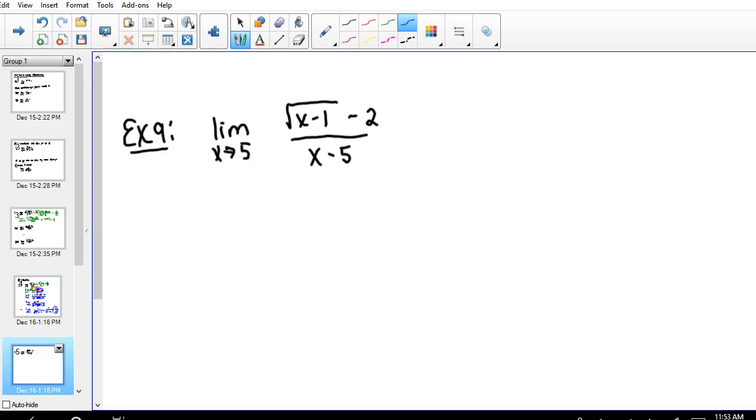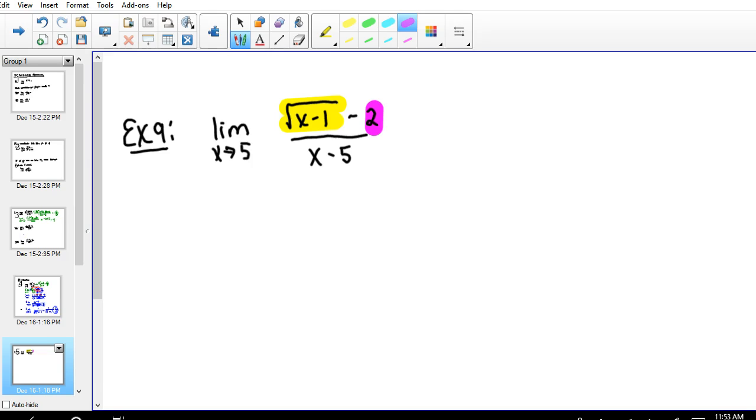So what sometimes is difficult for students is deciding what the conjugate is, especially whenever it's a little more complicated like this. So here in that numerator, my first term is the stuff under the square root. My second term is that 2, so it's the sign between those two that needs to change.